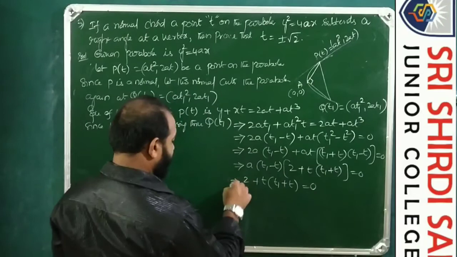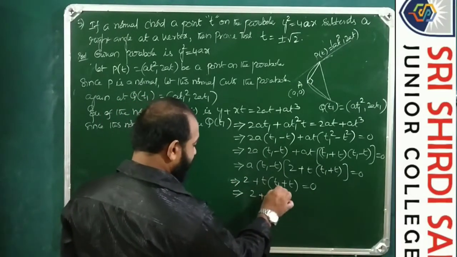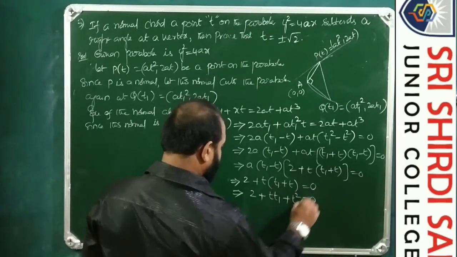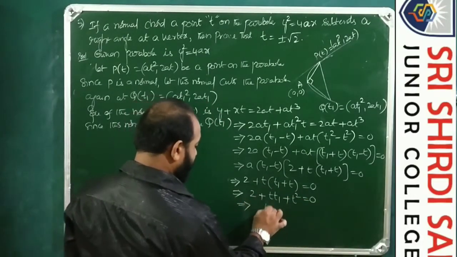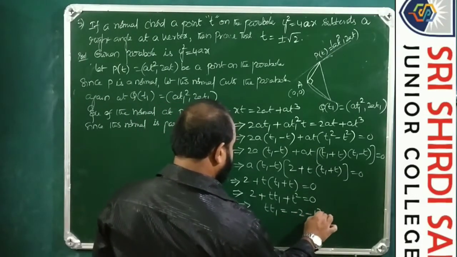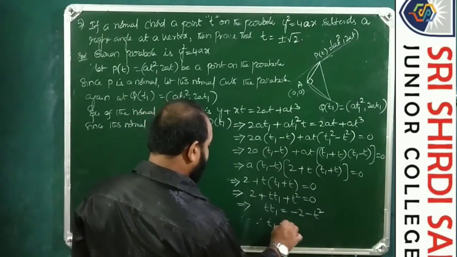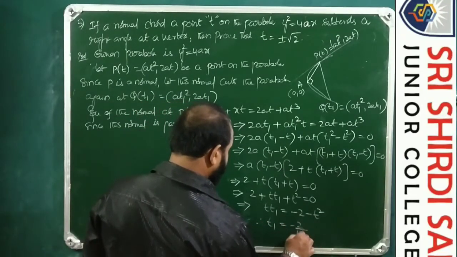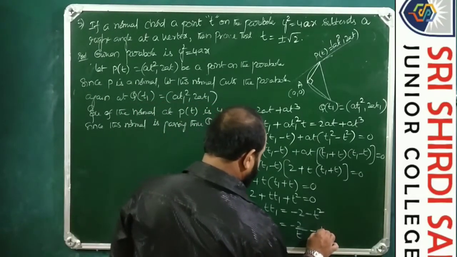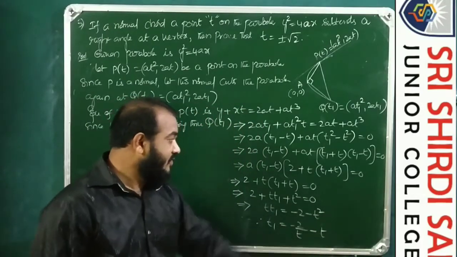From this, 2 plus t1 t plus t square equals 0. From this, t1 equals minus 2 minus t square, all over t. Therefore t1 equals minus 2 by t minus t square by t, that is, t1 equals minus 2 by t minus t.